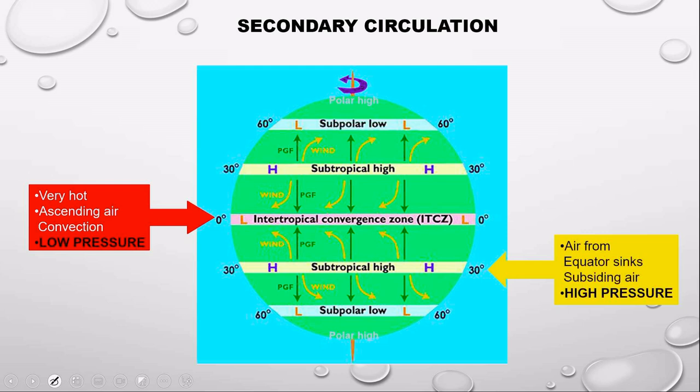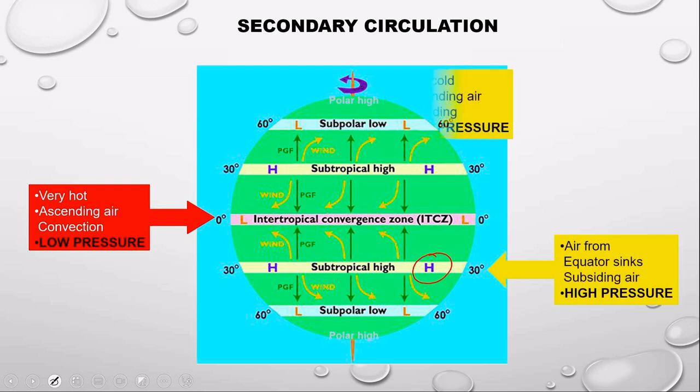But in the exam, we do give a mark for sinking, we do give a mark for descending. But as I said, the geographically correct term is subsiding. That is an area with a high pressure. Okay, so high pressure also speaks to a low temperature.